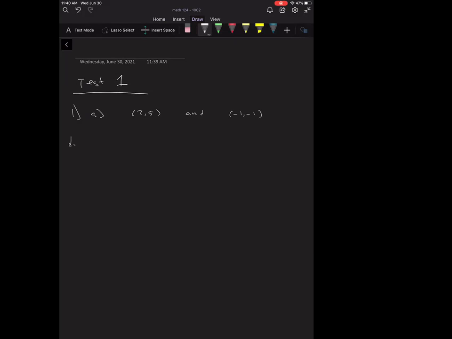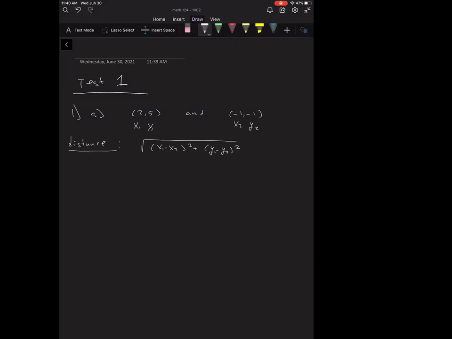So the distance between these 2 points, we have to use the distance formula: the square root of (x1 minus x2) squared plus (y1 minus y2) squared. Let's label which one's x1, y1, and which one's x2, y2. We could choose this one to be x1, y1, and this will be x2, y2.